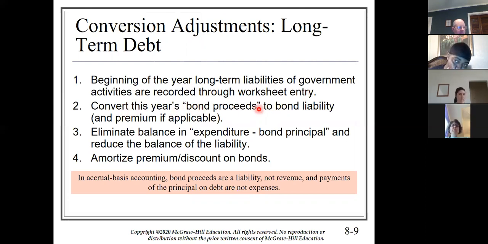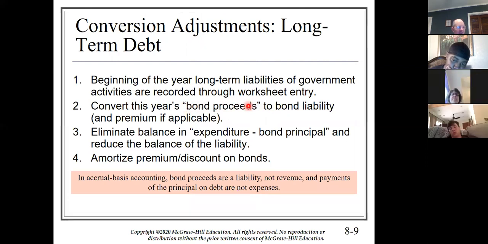Then bond proceeds meant they issued new bonds. In governmental funds, they count that more like a kind of revenue because it says how money came in, and they didn't record a liability. So they get rid of the bond proceeds account and record a bond liability account.